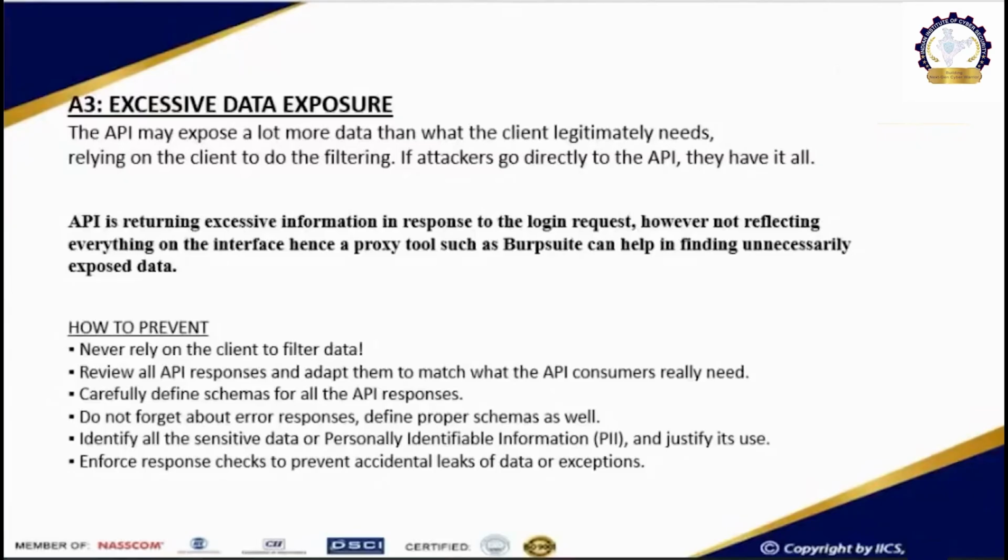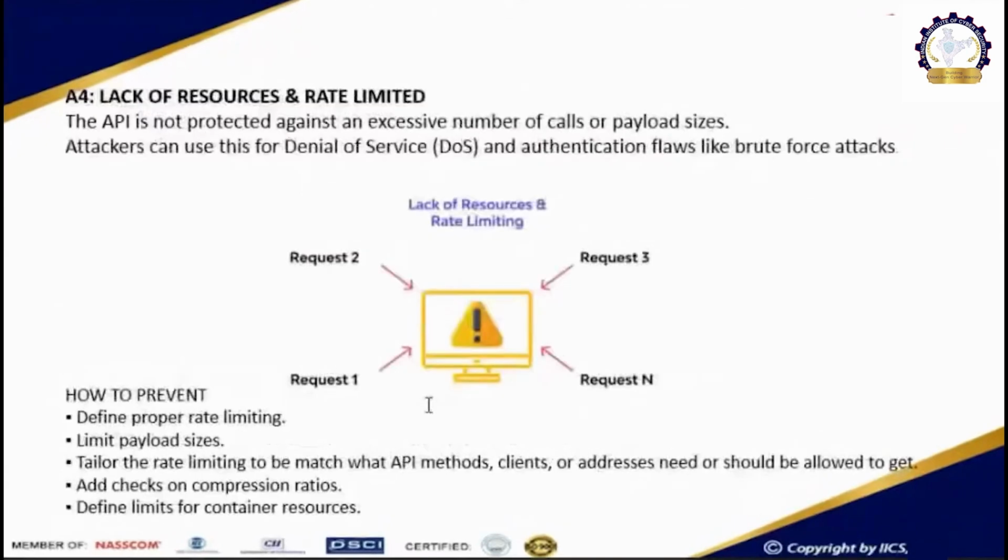Never forget about the error responses; we should have proper schemas for them as well. They have to identify all types of sensitive data and PII, personally identifiable information, and justify its use. They have to enforce response checks to prevent accidental leaks of data or exposure exceptions. And we will move further.